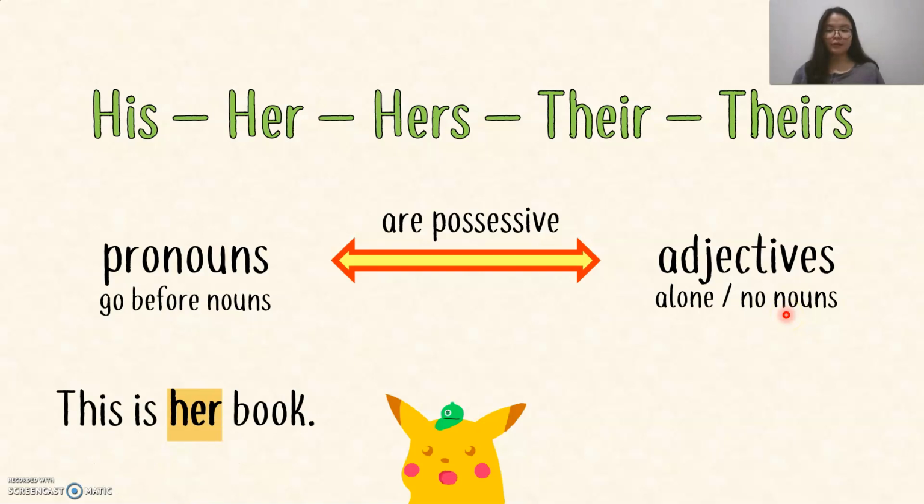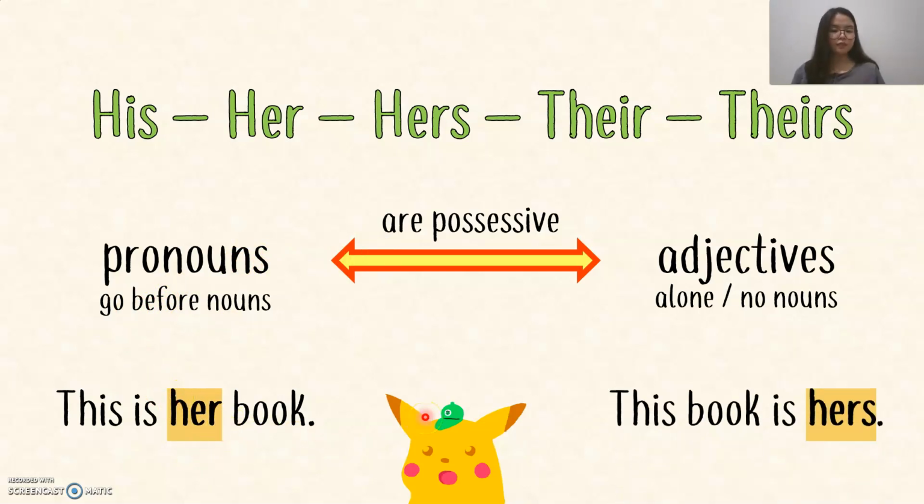Here's the example for possessive pronouns. This is her book. So book here is the noun, so her, the possessive pronoun, goes before the noun, like that. And here's the example for possessive adjectives. This book is hers.